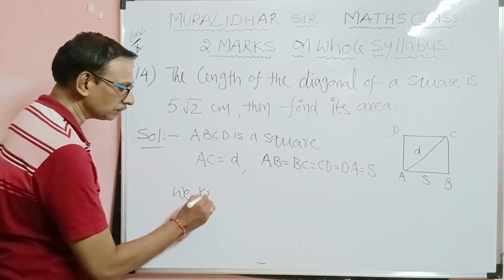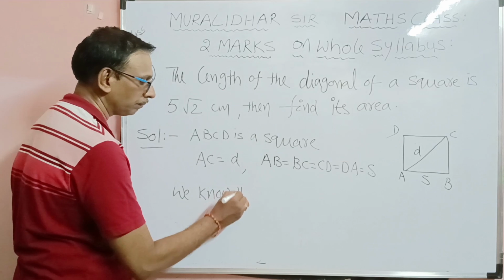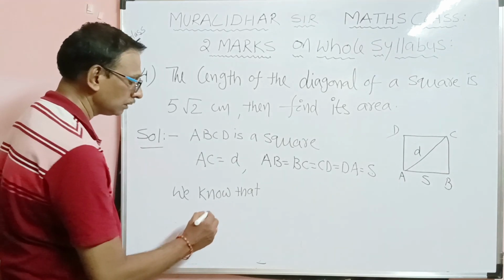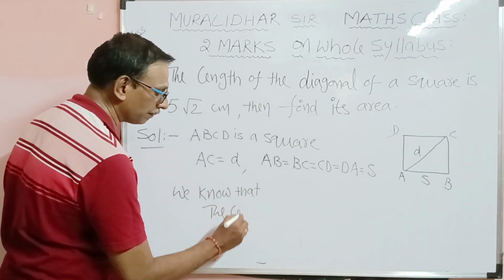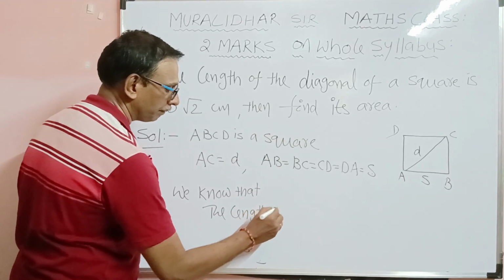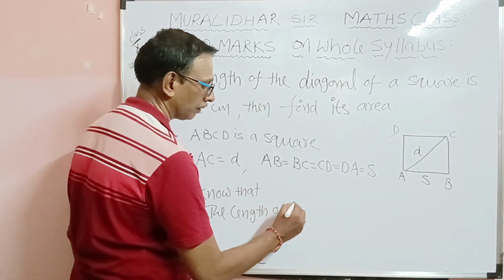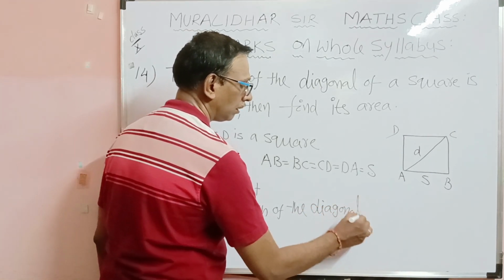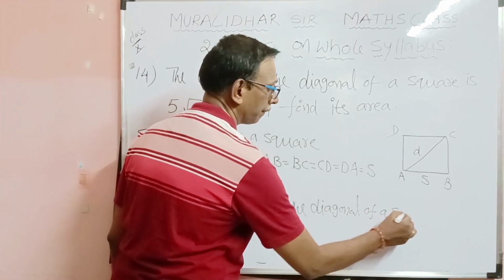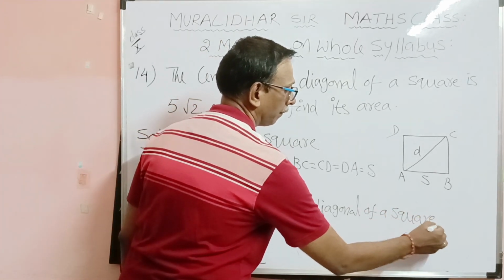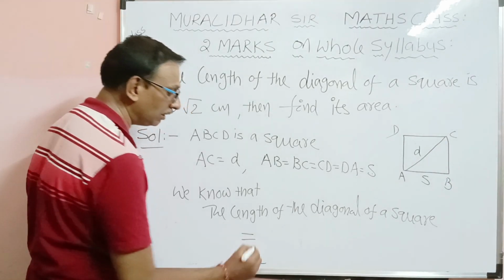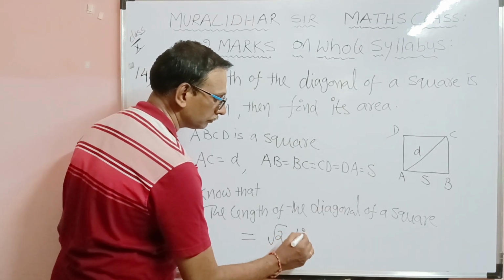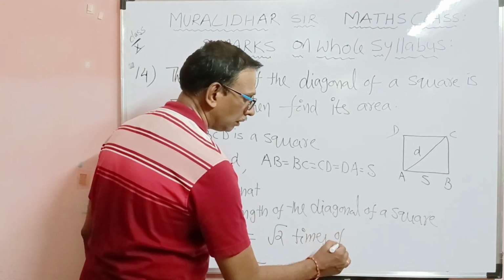We know that the length of the diagonal of a square is equal to root 2 times its side.